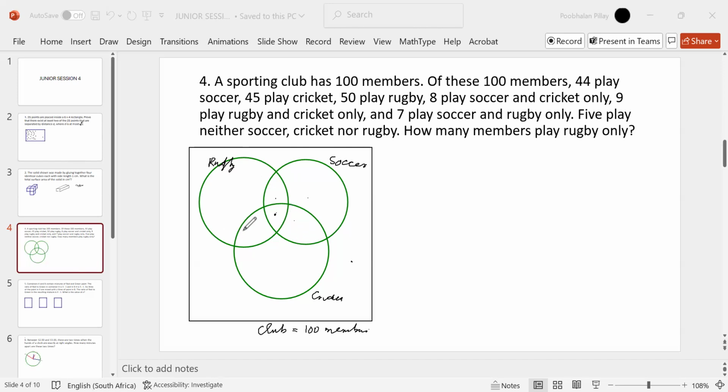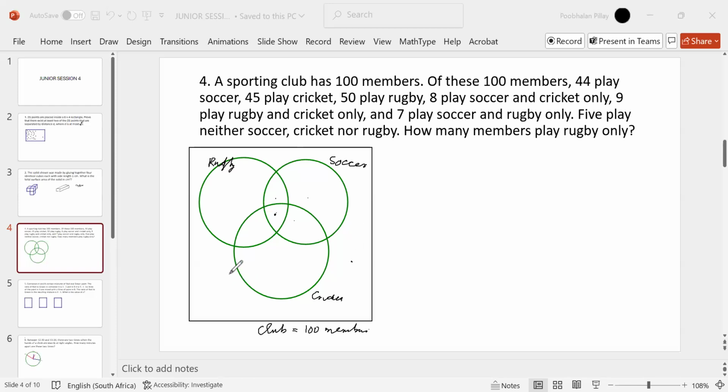So that should help you now to understand what the other ones are. Here, these people play rugby and soccer, but they don't play cricket. So here, the people play rugby and soccer only. Here, it is soccer and cricket only. Here, it is rugby and cricket only. Here is all 3. And here, outside, it's none.